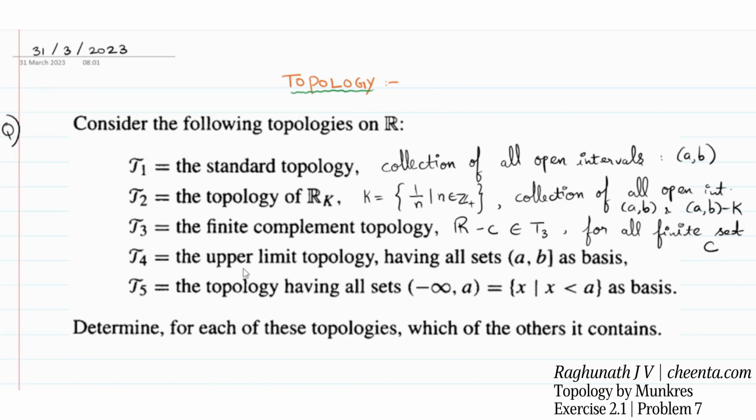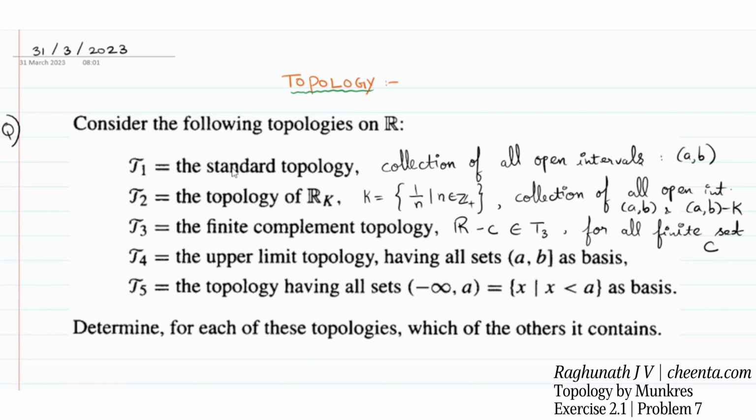And T4 is the upper limit topology, in which you have the sets (a, b] as the basis. And for T5, the basis is like (minus infinity, a), so all the elements less than a will form a basis. You can try proving yourself that all these are indeed valid bases for the topologies, as an exercise.